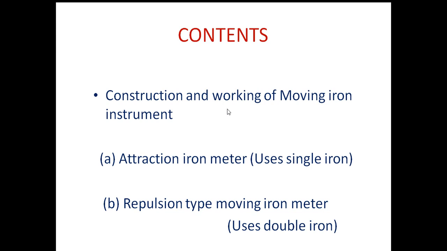In the repulsion type, we use two iron pieces, so the repulsion type moving iron instrument uses double iron. We are going to see how this instrument is constructed and how it operates.